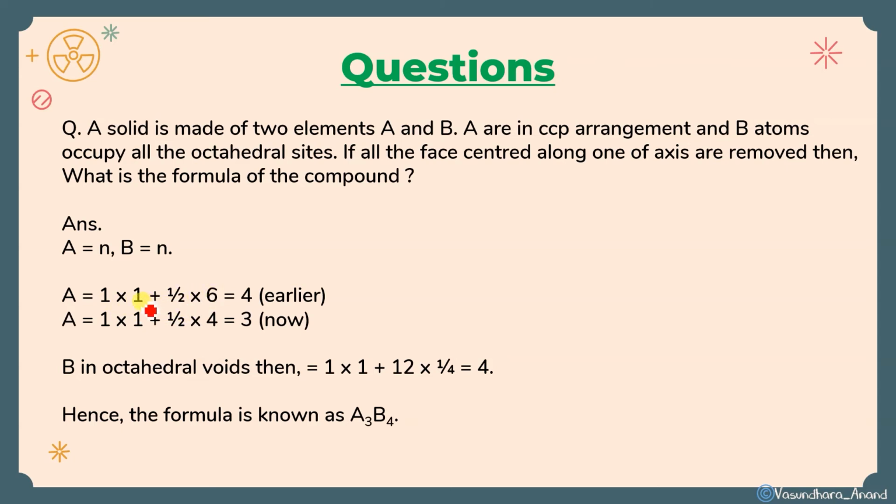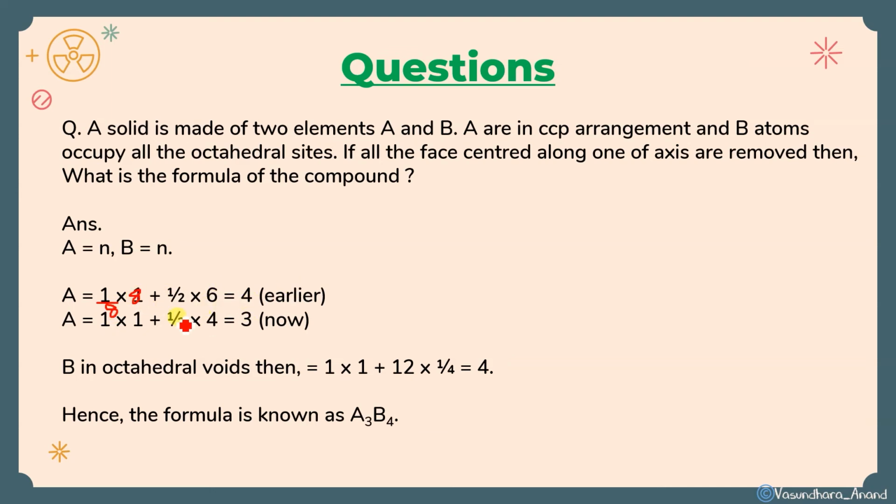Sorry, it's a mistake over here. This is 1 by 8, 1 by 8 into 8. The total number of spheres is 8, and the contribution is 1 by 8, so it will be 1, and this is 6 faces with 1 by 2, 4.